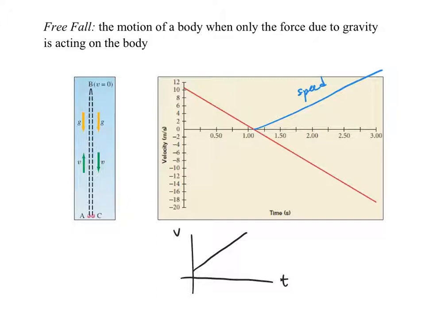That's the hard part to wrap your mind around. So we have four statements here we can make. Its speed is increasing. Its velocity is becoming more negative. But the hard part to wrap around is that the velocity is actually still considered to be decreasing.